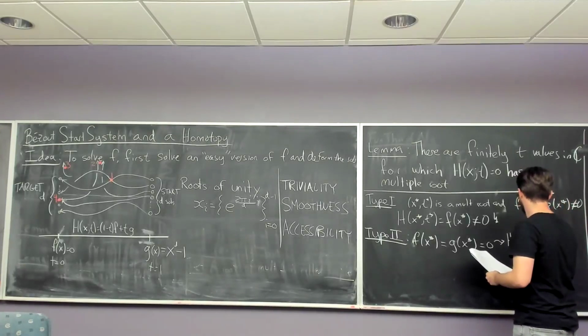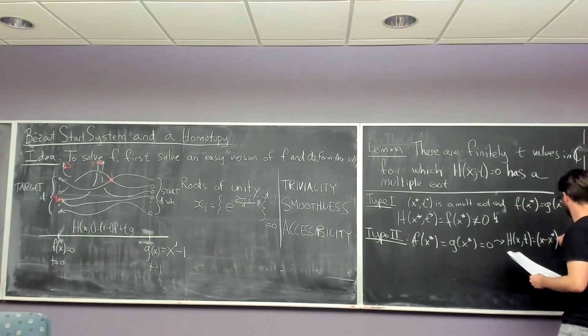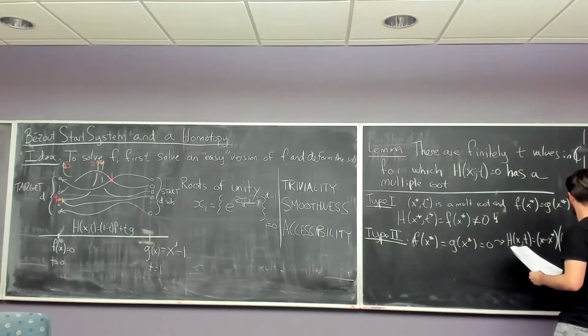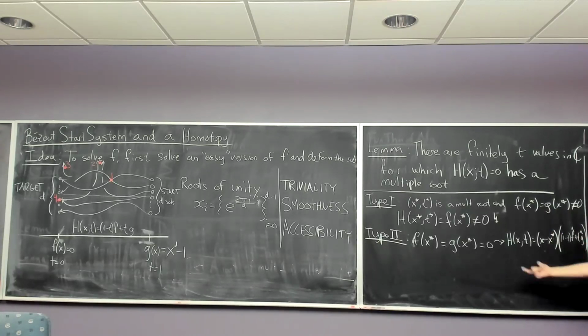In that case, we can actually factor out that term from the homotopy. So every term in it has it as a factor. You have a root if and only if you have x minus that thing as a factor. So if it's a factor of both terms, I can pull it off.